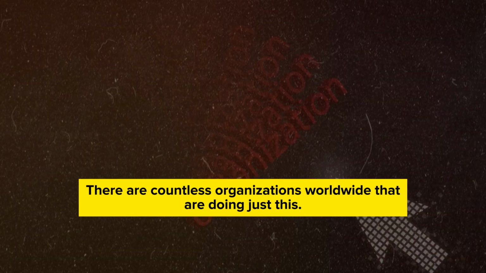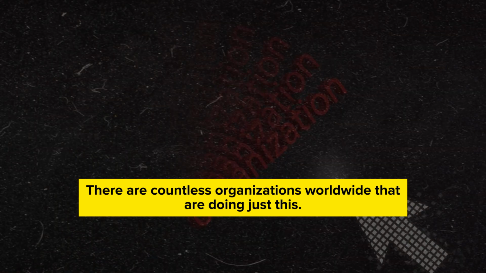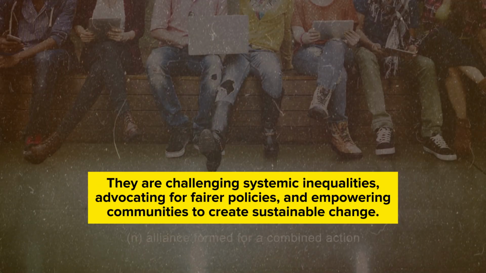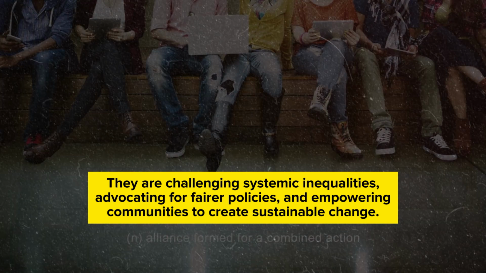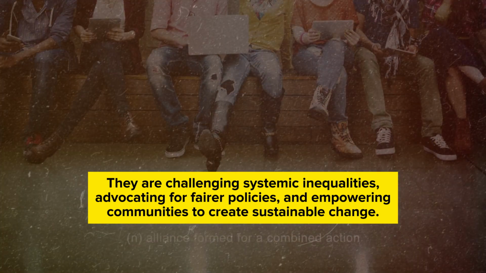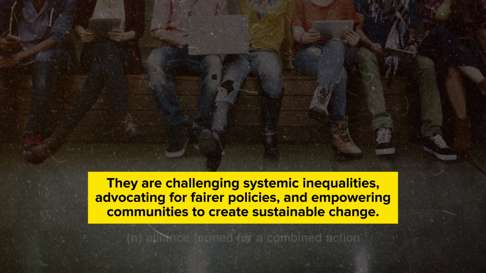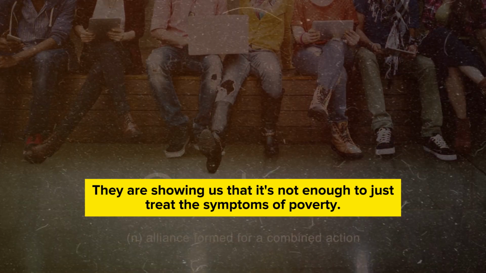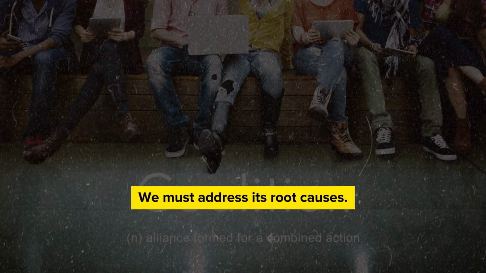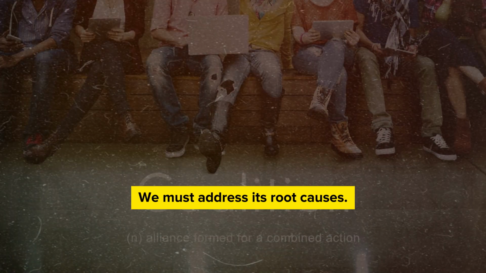There are countless organizations worldwide that are doing just this. They are challenging systemic inequalities, advocating for fairer policies, and empowering communities to create sustainable change. They are showing us that it's not enough to just treat the symptoms of poverty. We must address its root causes.